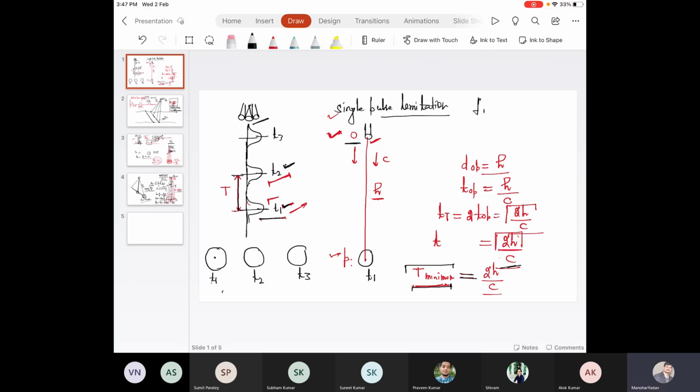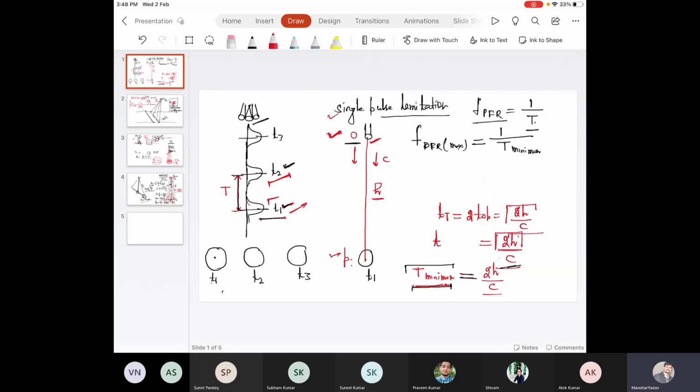So this f PFR is equal to 1 by T. And when we take T minimum, so this PFR becomes maximum. I say this pulse firing rate maximum will be equal to 1 by T minimum. Is it clear to all?